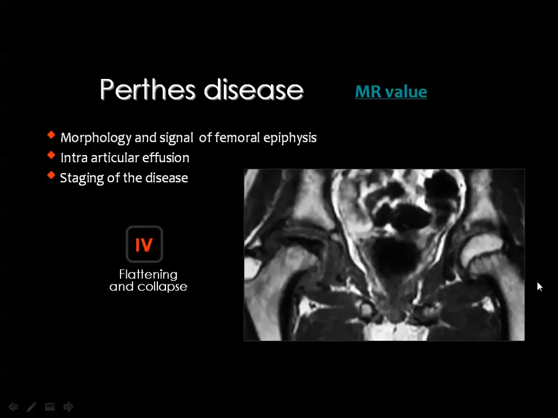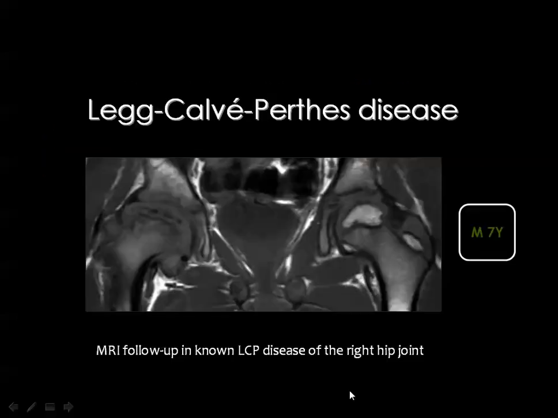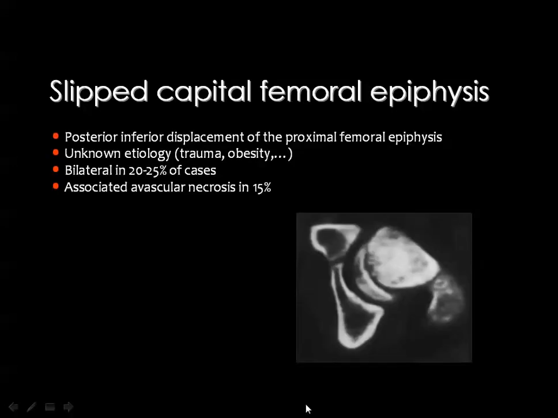And also here you see this is the normal capital femoral epiphysis, and this is the affected right side with stage 4 avascular necrosis, collapse, decreased bone signal denoting bone sclerosis. And this is a stage 4 Perthes disease with severe collapse, fragmentation, and sclerosis of the capital femoral epiphysis compared to the normal one on the opposite side.